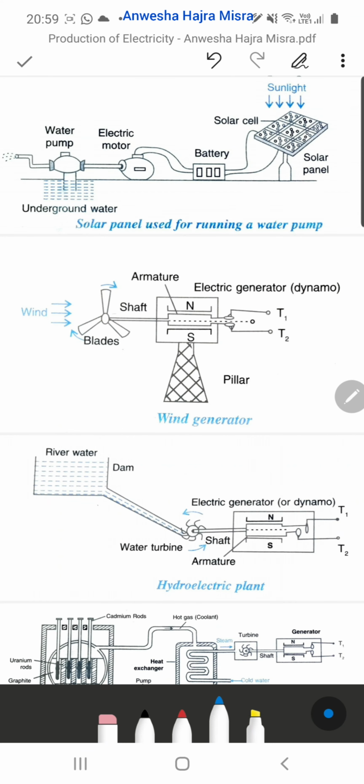Production of electricity can be from different devices. First one is from solar energy. After that, we'll go on to the production of electricity from wind energy.